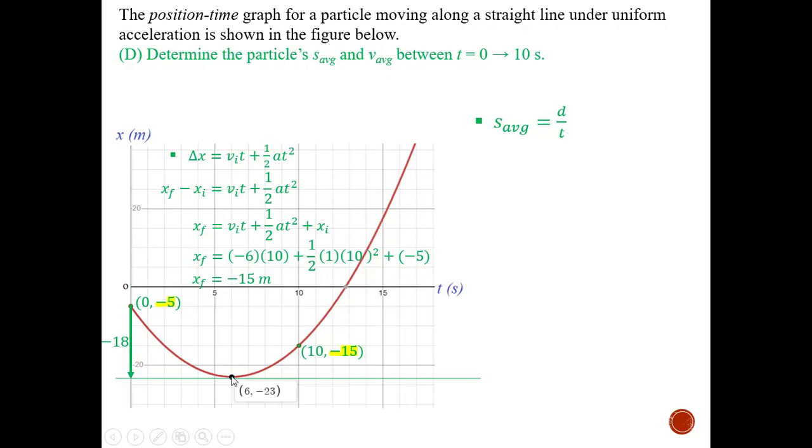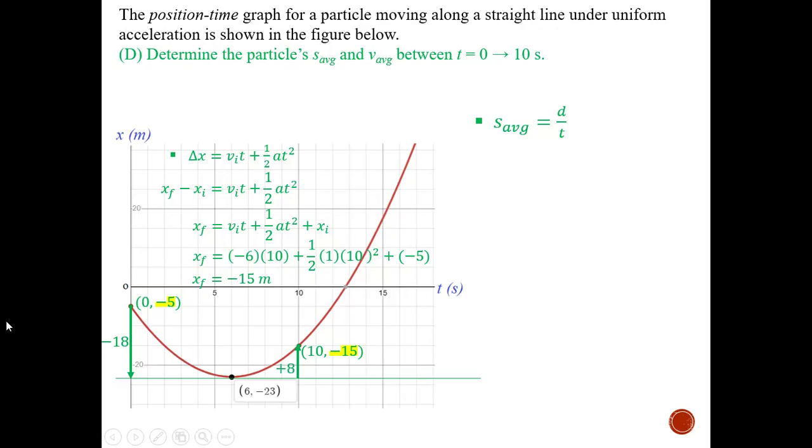But then at 6 seconds, it turned around and started to accelerate to the right. So from 6 to 10 seconds, I need to find out how far it went. From the graph itself, I can count real quick. Where my cursor is, at -23, it went all the way to the right to position -15. That would be 8 spots.